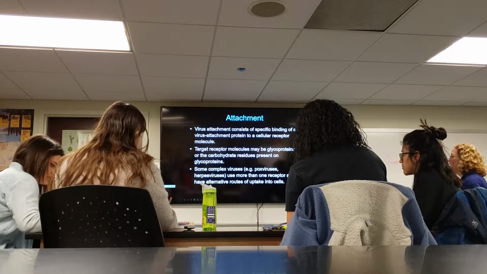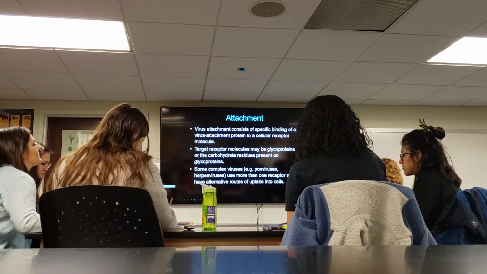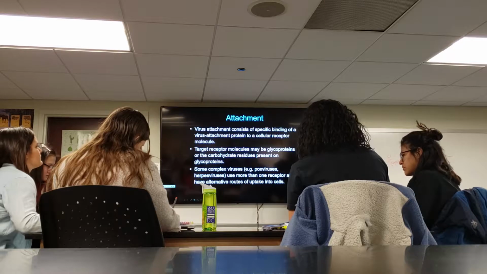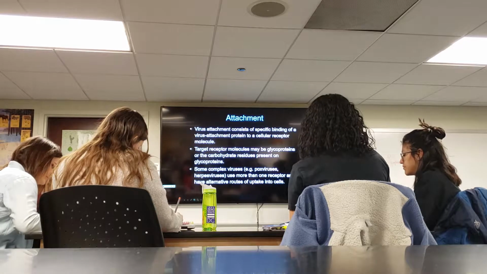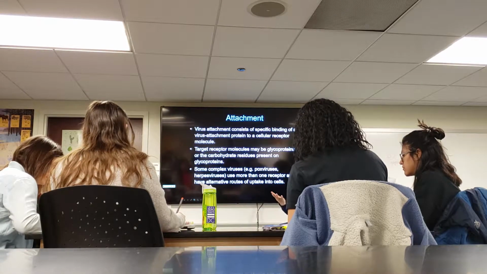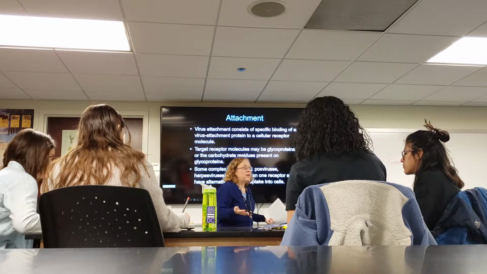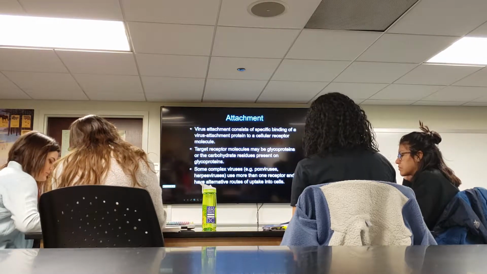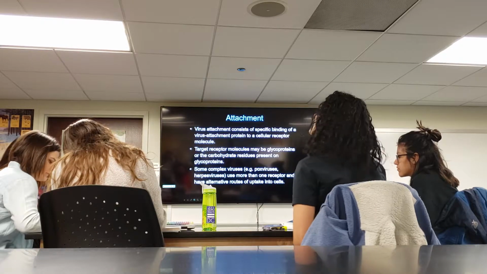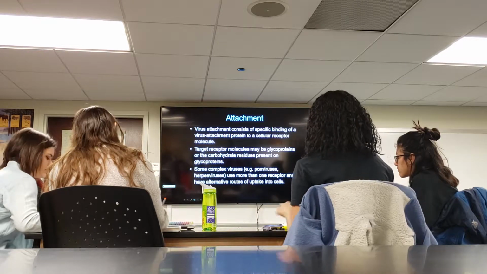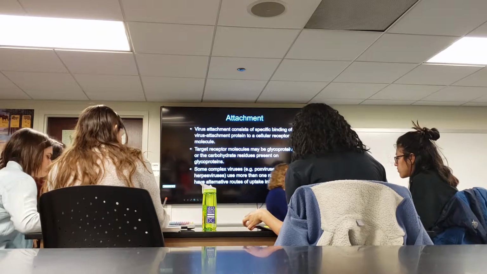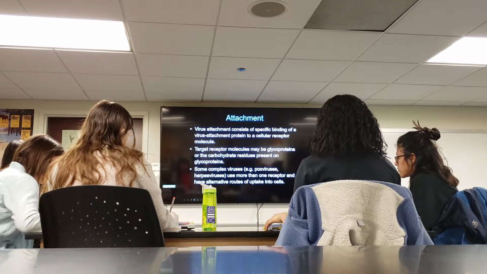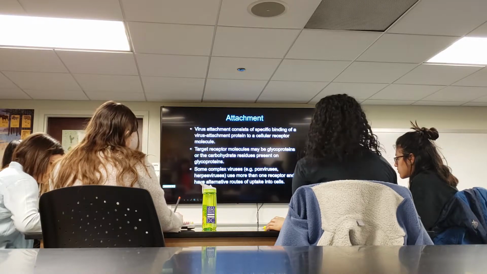So again, these are going to be your more complex viruses, herpes virus, pox viruses, for example, which require more than one receptor in order to interact with the cell. The movie that we watched on Friday on HIV, remember there were two receptors that HIV needed to interact with in order to get inside that cell. So again, that adds a layer of specificity for those viruses to make sure that they are interacting with a true potential host cell.